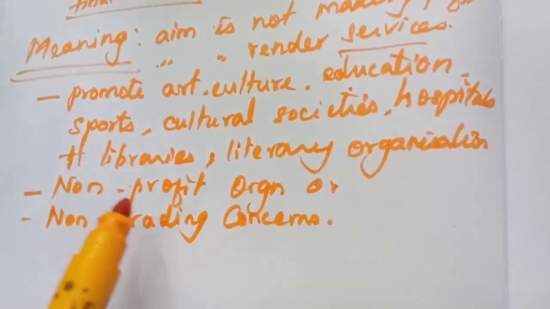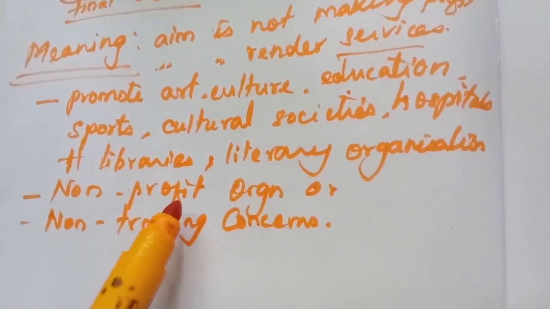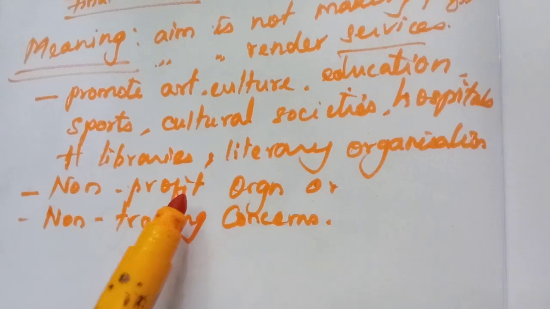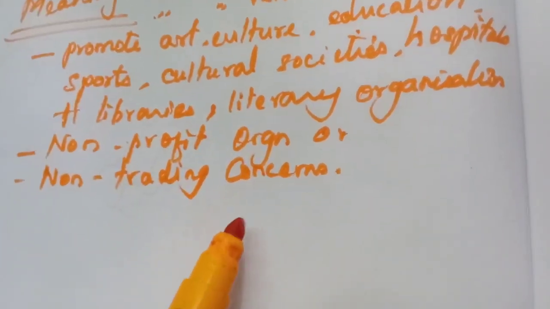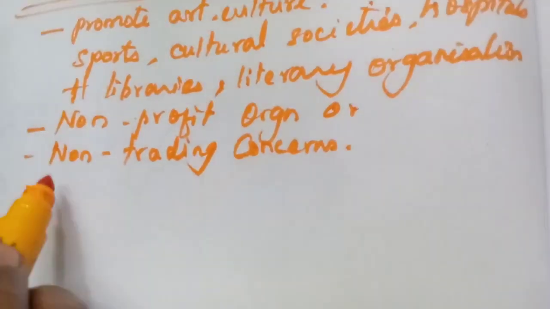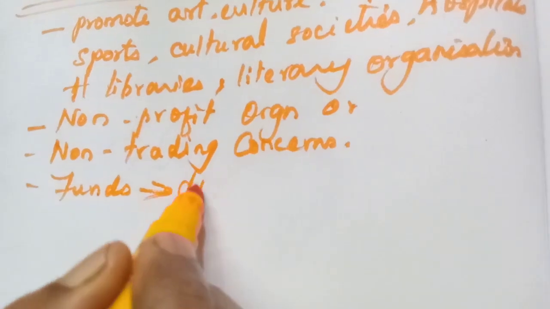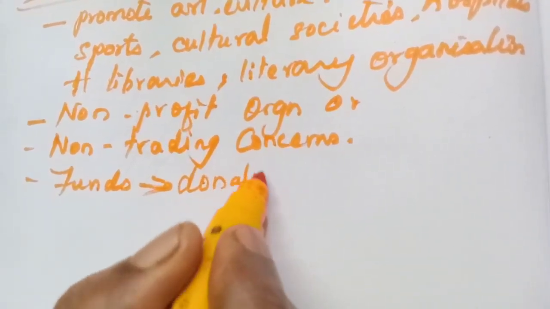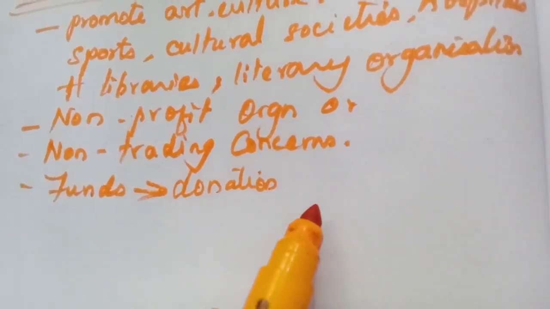Then if they do not make any profit, what is their income? How do they run this type of institution? They raise funds through donations. That is, they get donations from the parents of our children, isn't it, to run the institution.